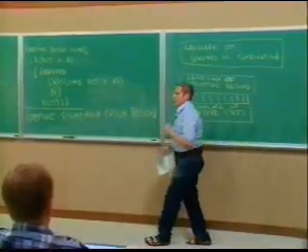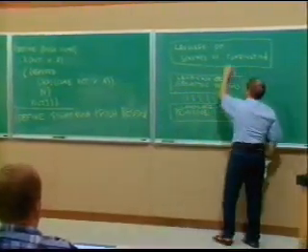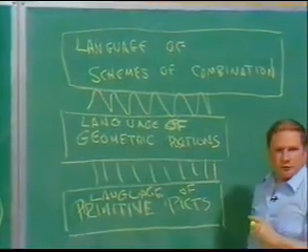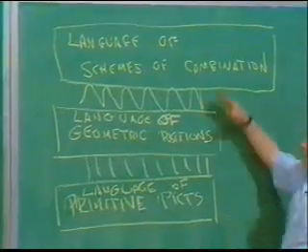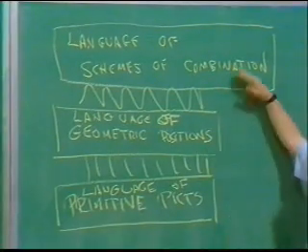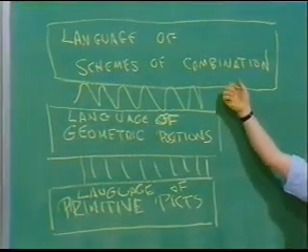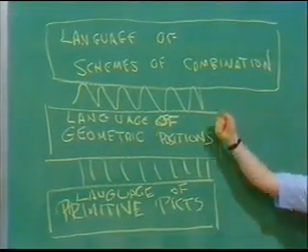And the things that were being discussed in that language were the things that happened down here. So what you have is, at each level, the objects that are being talked about are the things that were erected at the previous level.